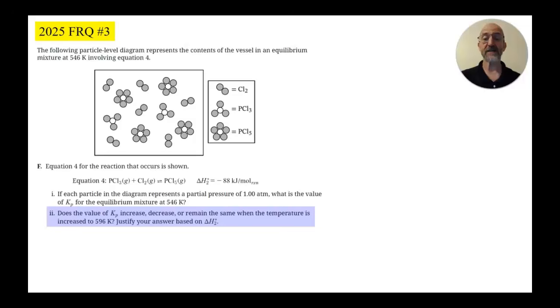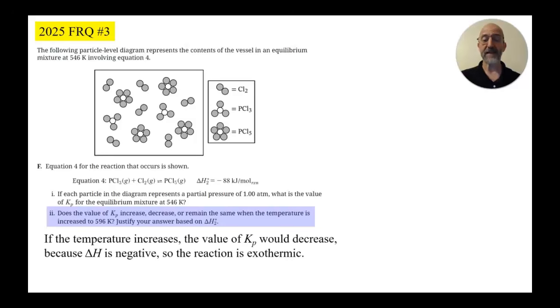Now, temperature does affect the value of the equilibrium constant, so therefore this is going to be either increase or decrease. If you change the temperature, you definitely change the value of K. But is it increase or decrease? We have to consider the delta H, which happens to be negative.